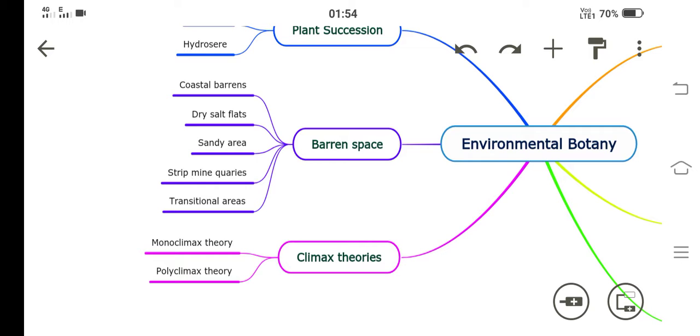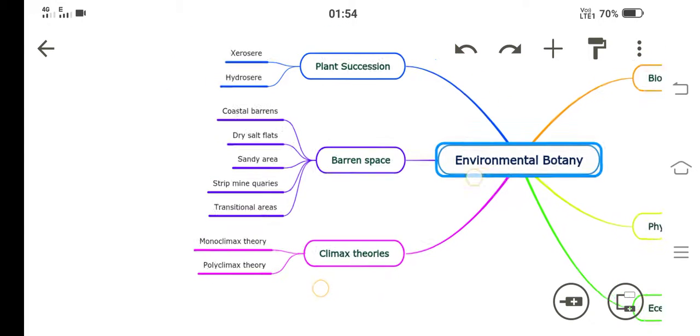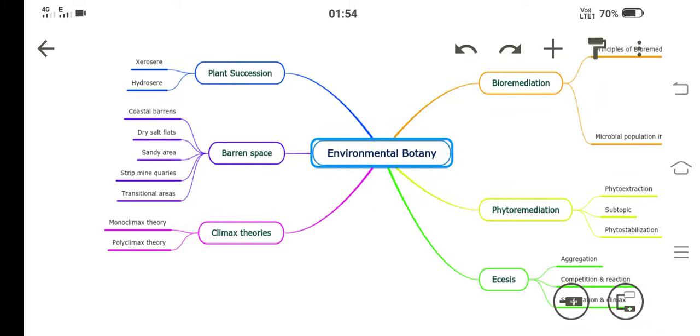So this is all about barren space. And this diagram is called a mind map, and you can review our unit environmental botany in a very simple and easy manner. I will again show you by zooming the diagram.